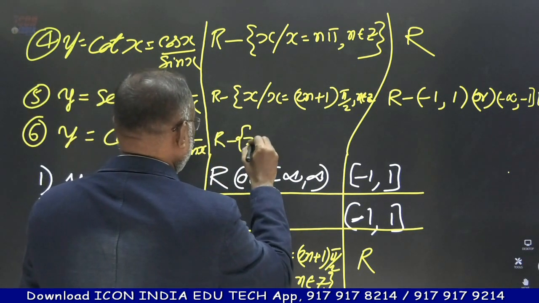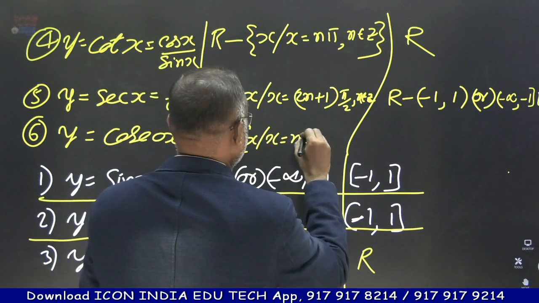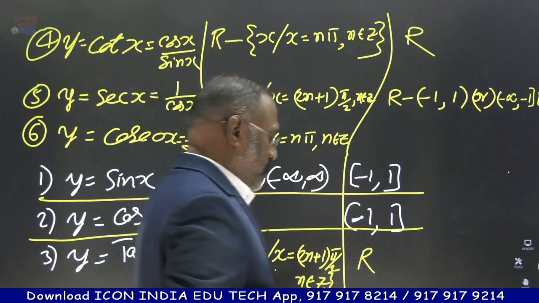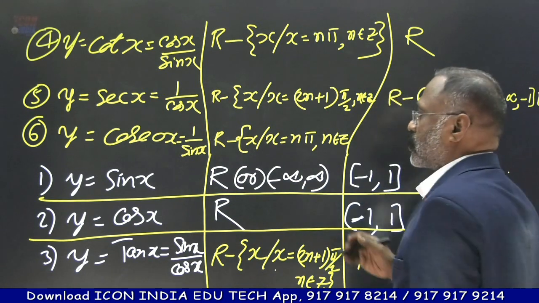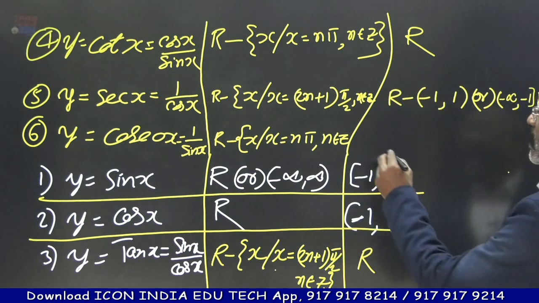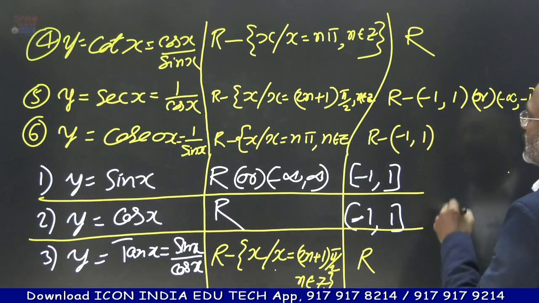So R minus {x such that x = nπ}. And sin x's reciprocal is cosecant x. Sin x lies between minus 1 and plus 1 and cosecant x never lies between minus 1 and plus 1. So the range is R minus (minus 1, plus 1).